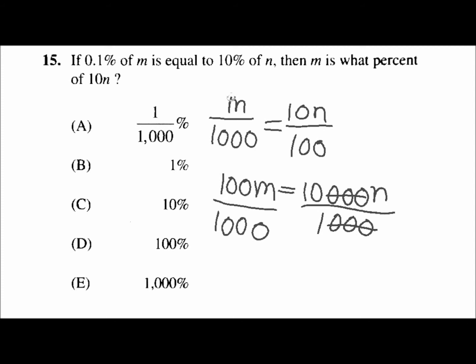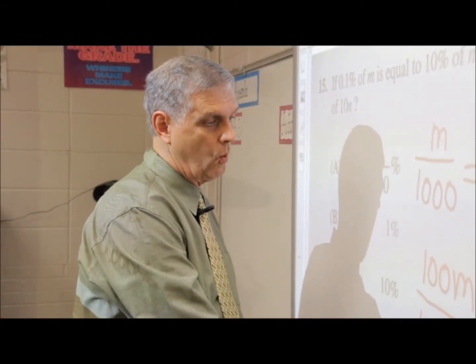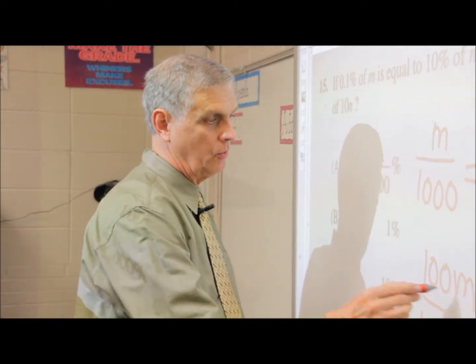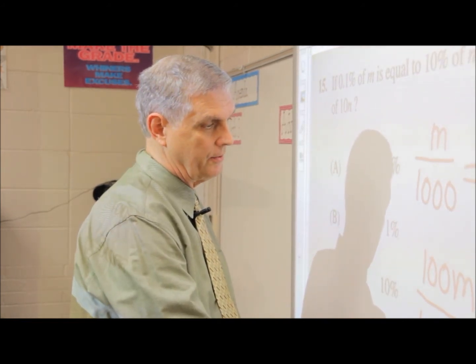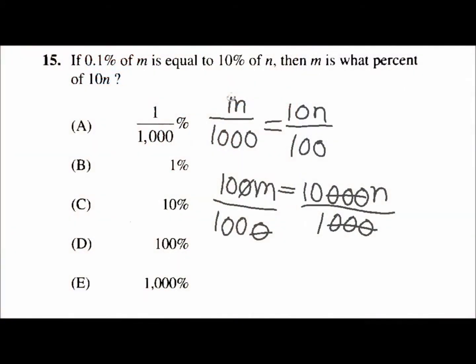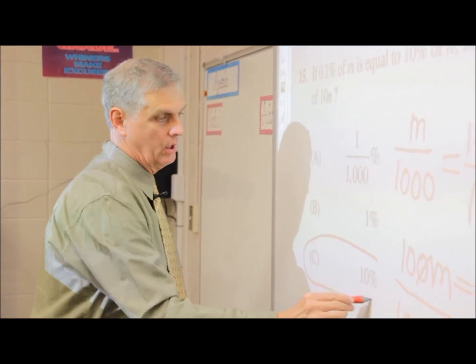And we want to know what percent, M is what percent of 10N. So we want to find out what hundredths of M is this 10N. So we want to get this down to just plain hundredths. Well, if I'm going to get it down to hundredths, I need to knock off one 0. So I divide top and bottom by 0. And I get 10 hundredths, which is the same as 10% or C.